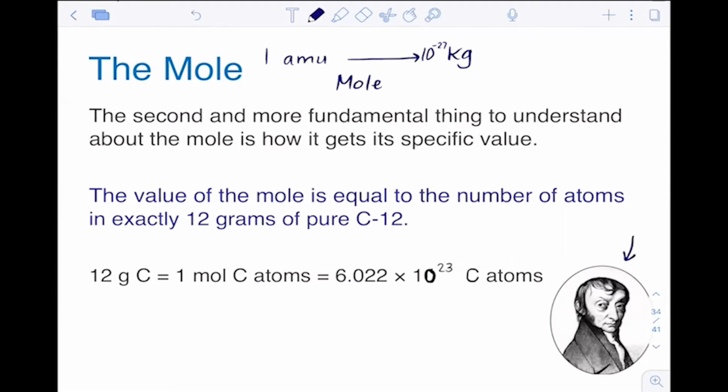This handsome guy right here, Avogadro, was the first scientist to actually investigate the actual number of particles in a sample. Amedeo Avogadro was from Italy. He was born in the late 1700s in Italy.